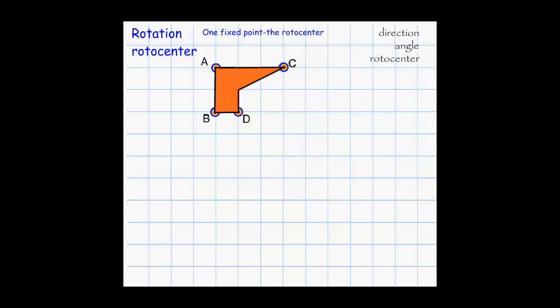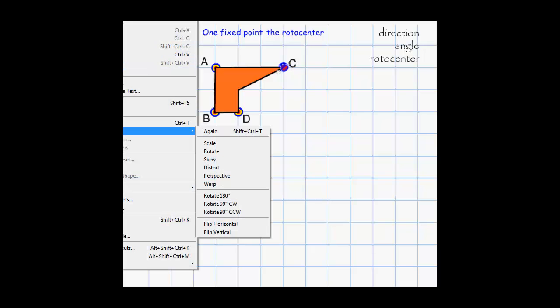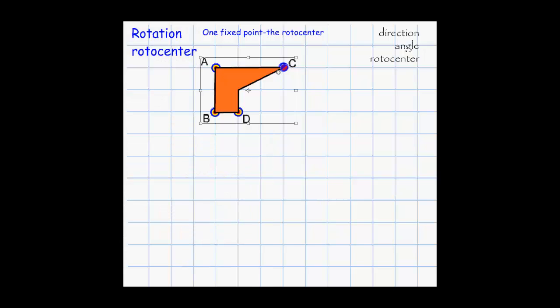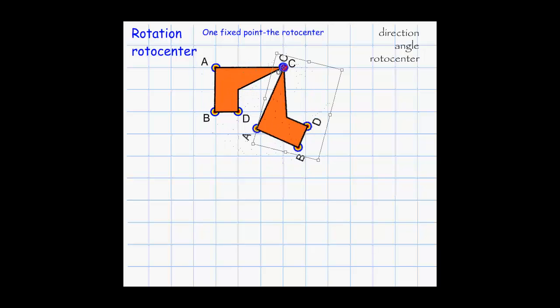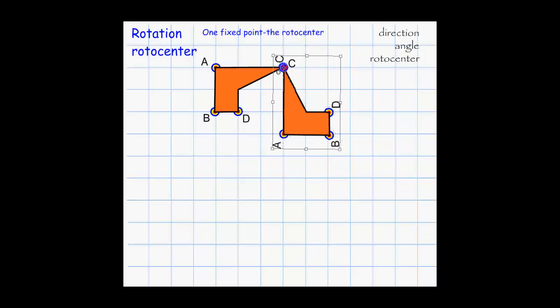One more rotocenter that I want to try is right here at C, and instead of going clockwise this time, I'm going to use that rotocenter and go counterclockwise. But I'm still going to go 90 degrees.